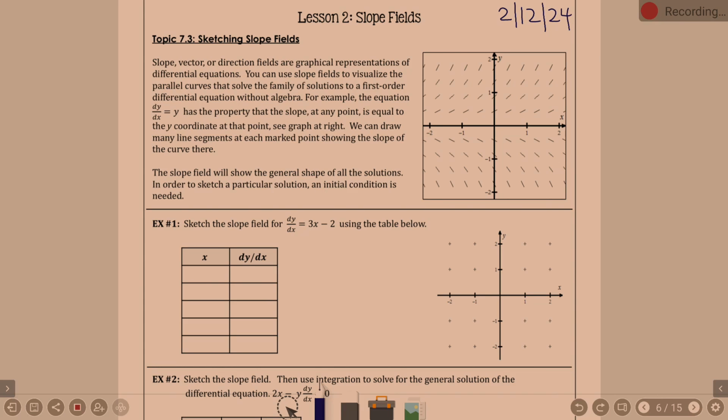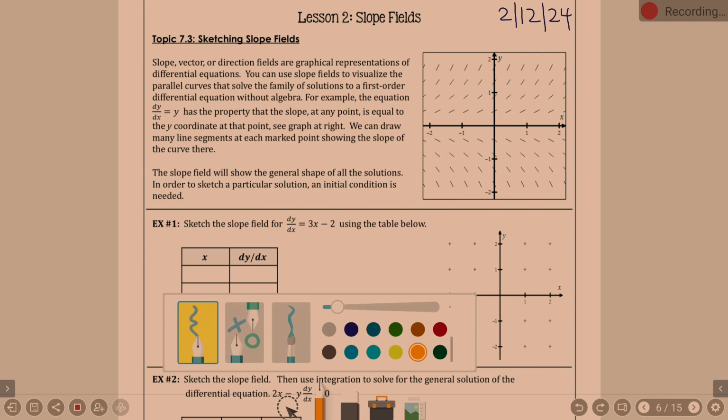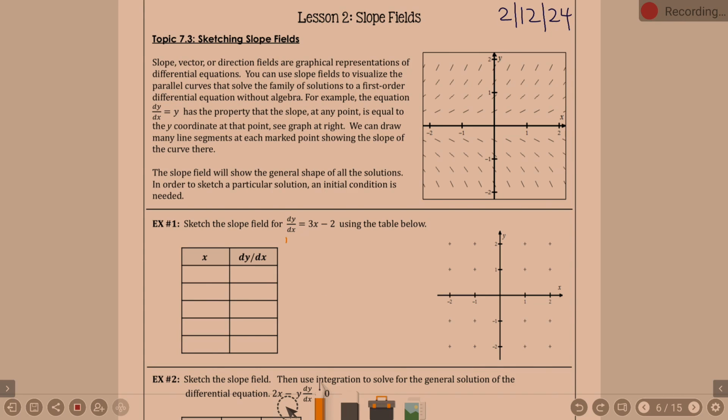Let's go into example 1. Sketch the slope field for dy/dx = 3x - 2 using the table below. You'll notice this is based on an x value. Keep in mind, dy/dx is another name for the derivative, which also means it is another name for the slope.